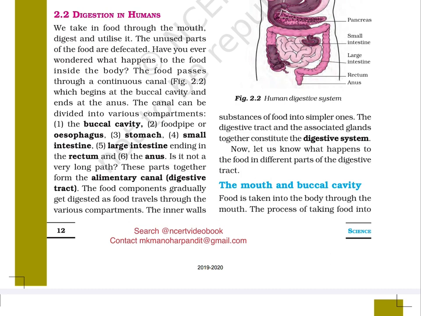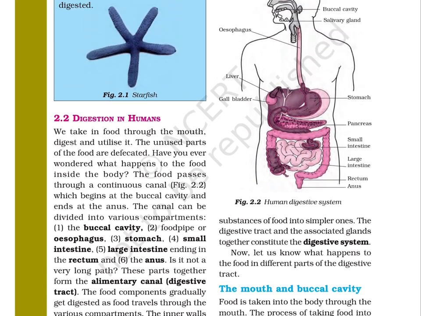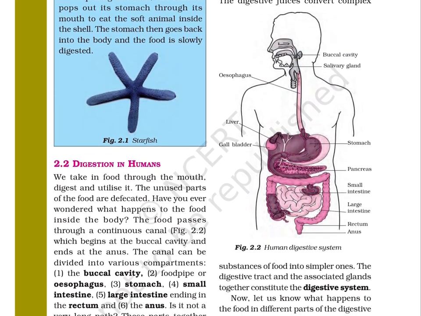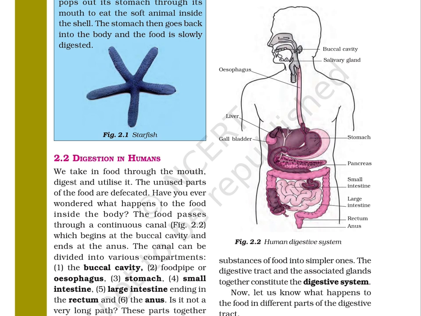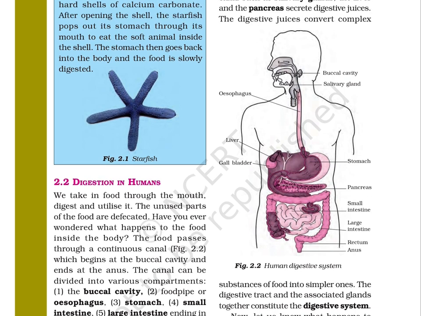Figure 2.2 Human Digestive System. In this diagram, we can see buccal cavity at the top. Below it is the salivary gland. Then there's a long pipe. This is the esophagus.